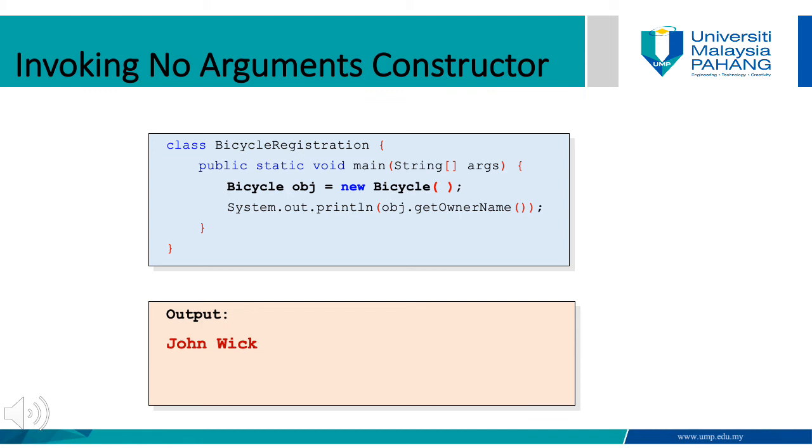It will print the output. So obj.getOwnerName means this class is calling the getOwnerName method in another class. So this code will print the output as John Wick by calling the name from the getOwnerName method.